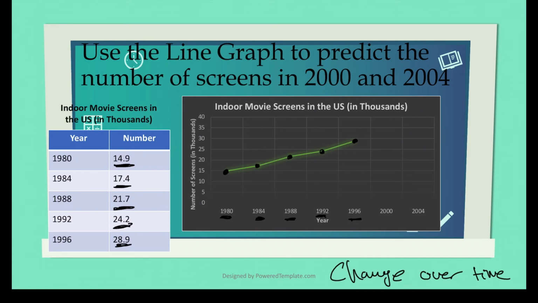So now we're going to use the line graph to predict the number of screens in 2000 and 2004. So continuing on this line, if we're just going to assume it goes like this, we can assume that at 2000 we're going to be about here, and at 2004 we're going to be about here.